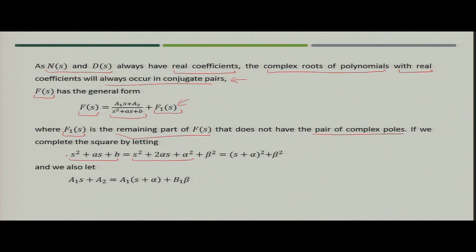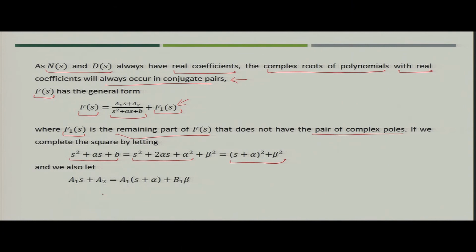If you can rearrange the polynomial in such a way, you can simply say that this particular polynomial can be represented as (s plus alpha) square plus beta square.